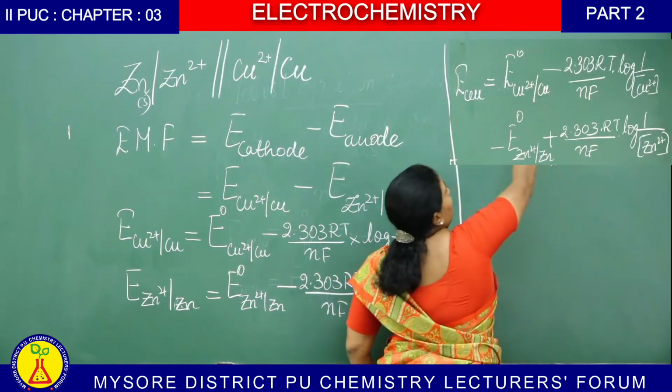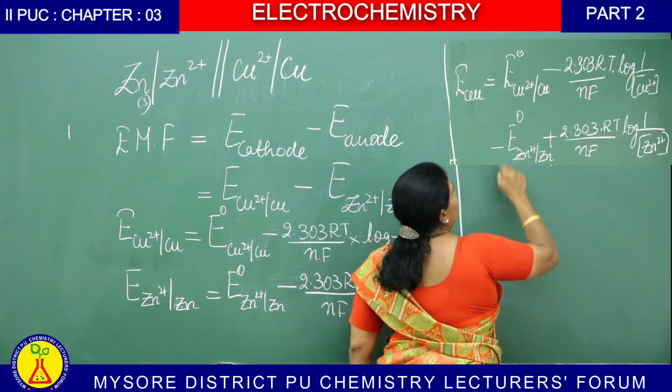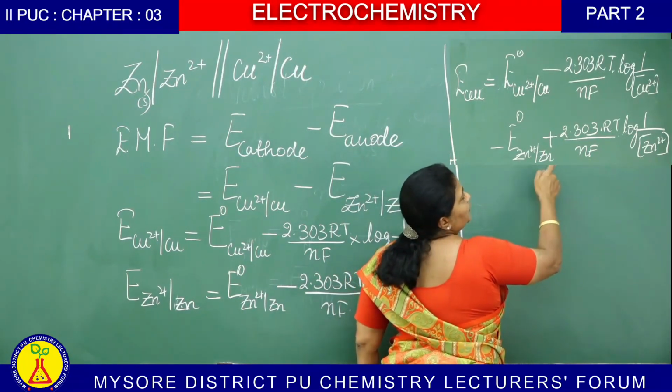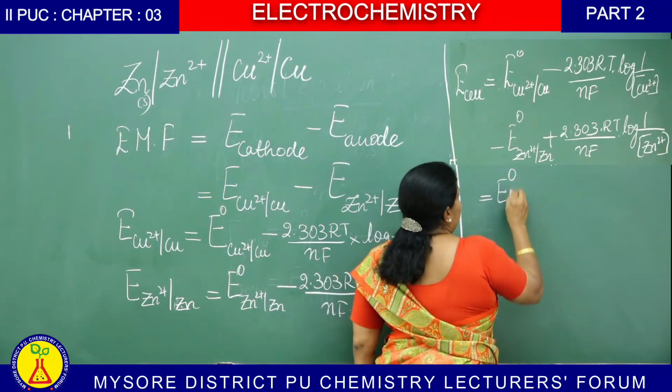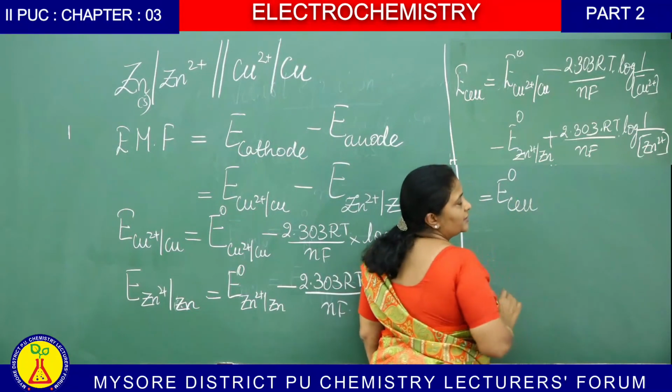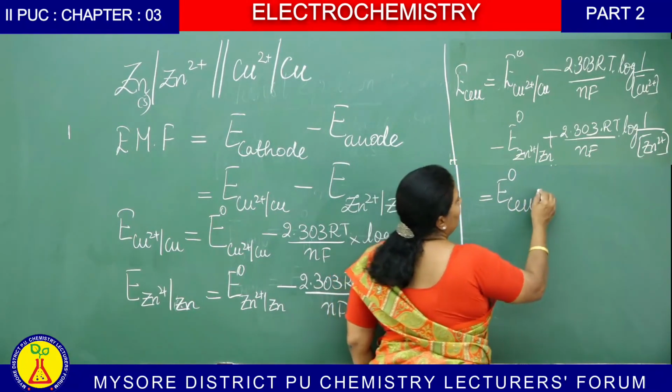But we know that E naught of Cu2+ minus E naught of Zn2+ is going to be equal to the standard EMF of the cell, which is E naught of cell.